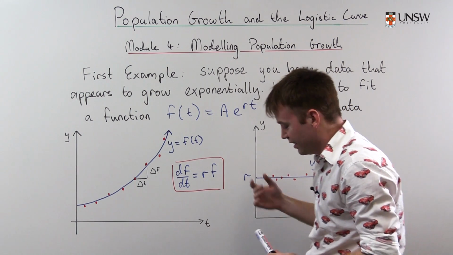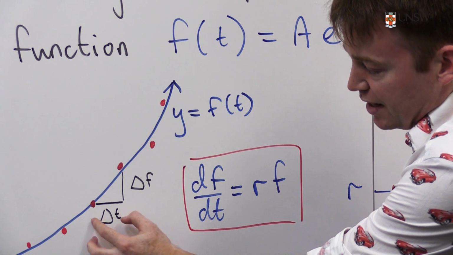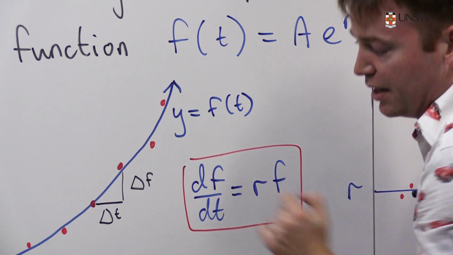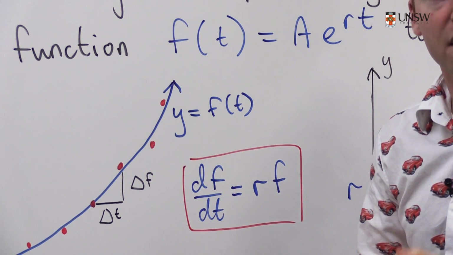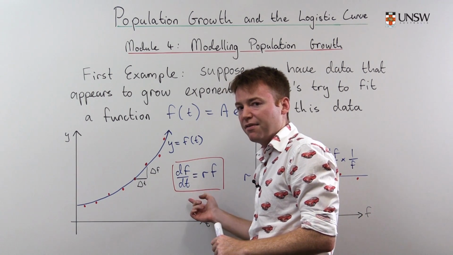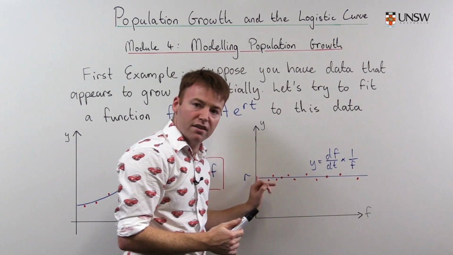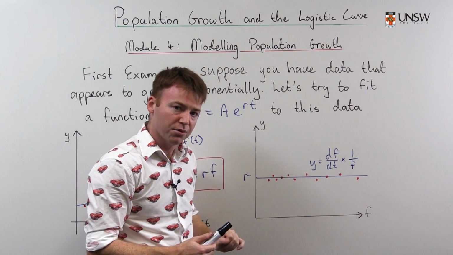So we take our data, we take df dt, which we approximate by just taking differences divided by our time interval, which is usually just some kind of constant. Plot df dt divided by the f value. What we end up with is a constant horizontal line.